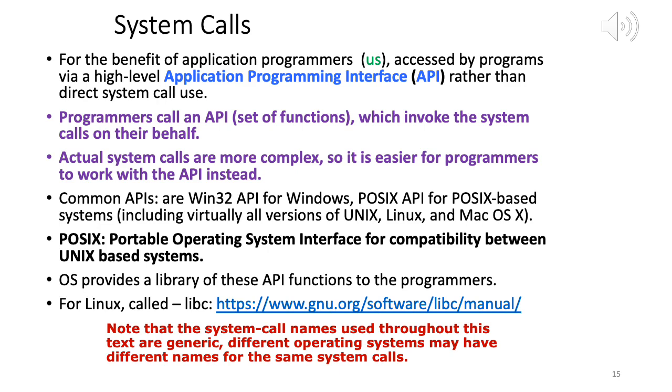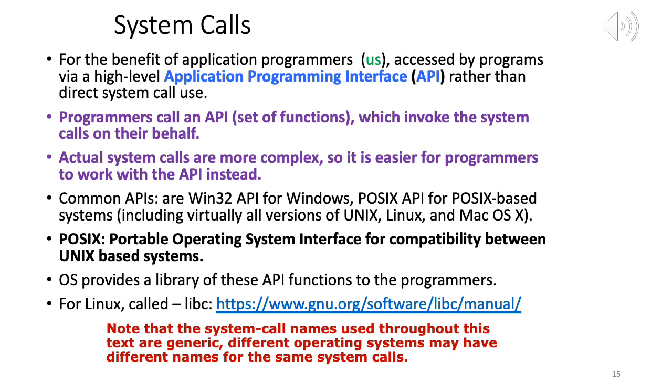The idea is that actual system calls are far more complex in their code. So programmers can be more productive if they just work with the API instead. They can create their programs and run them quicker. So what are these APIs? Win32 API for Windows, POSIX API for POSIX-based machines, including virtually all versions of Unix, Linux, and Mac.